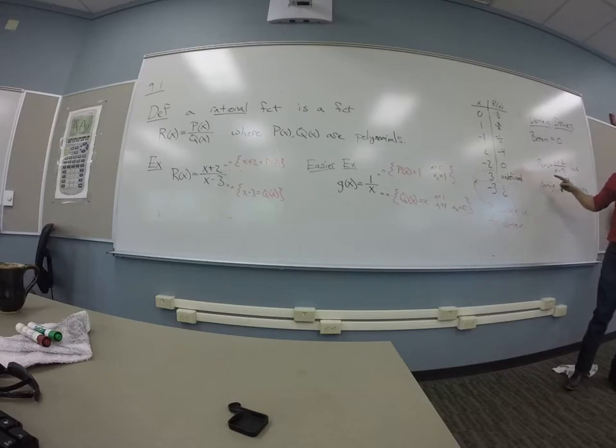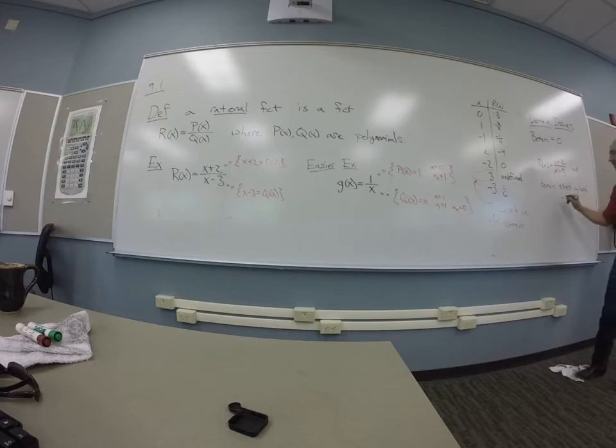So it's when q of x, right, that polynomial on the bottom, is 0. So this thing has domain issues when x minus 3 is 0. Right? When x minus 3 is 0, that's the same thing as x equals 3. You guys see that?